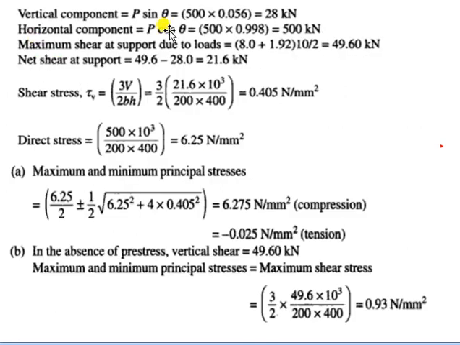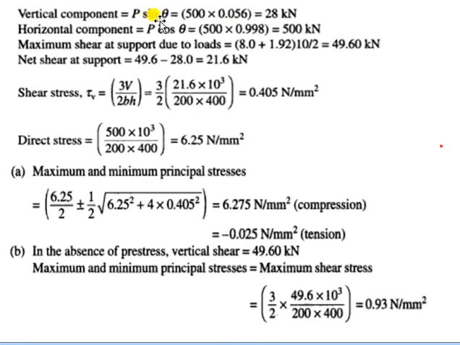So the vertical component, P sin theta or P sin alpha, is equal to 500 into 0.056. Here 500 is the effective pre-stressing force. Theta is very small, hence sin theta will be equal to theta, or sin alpha.